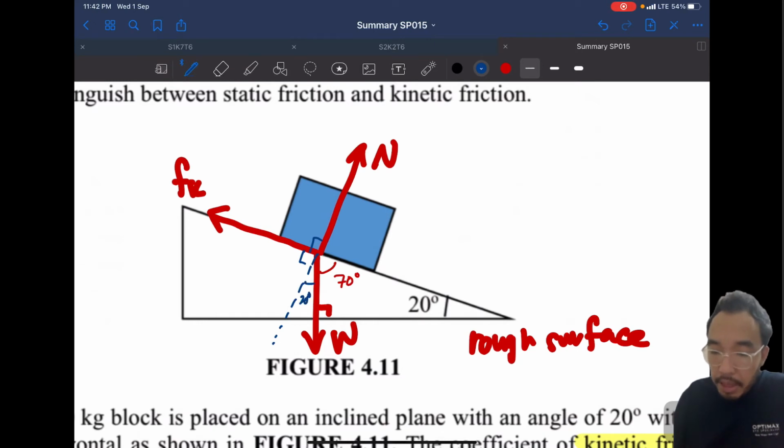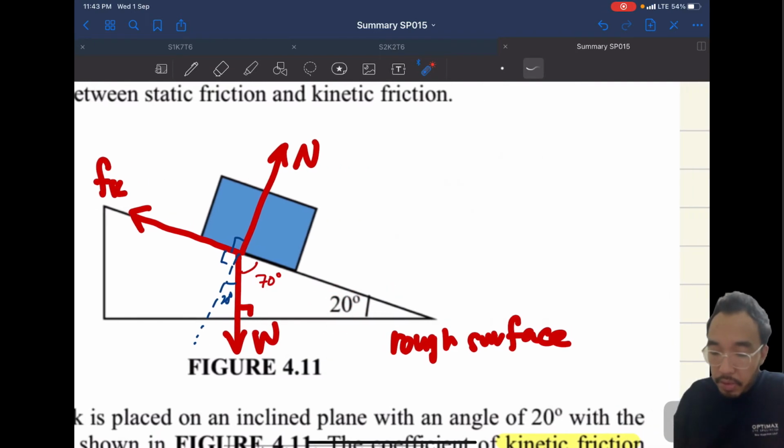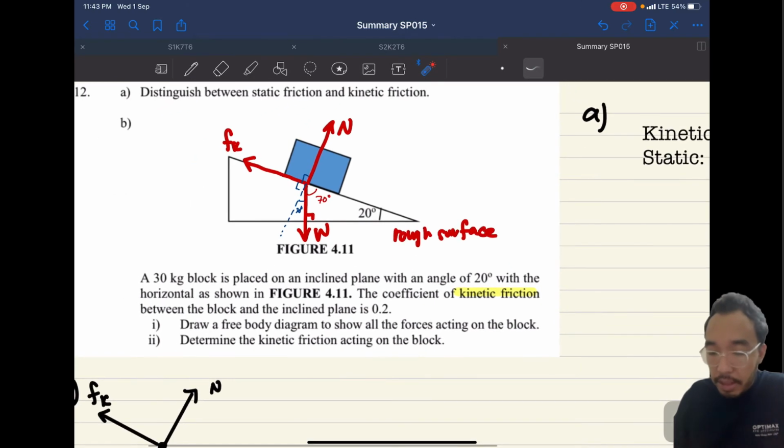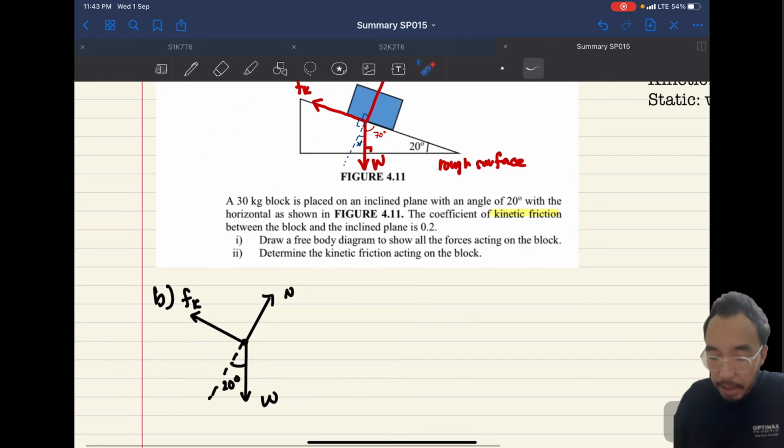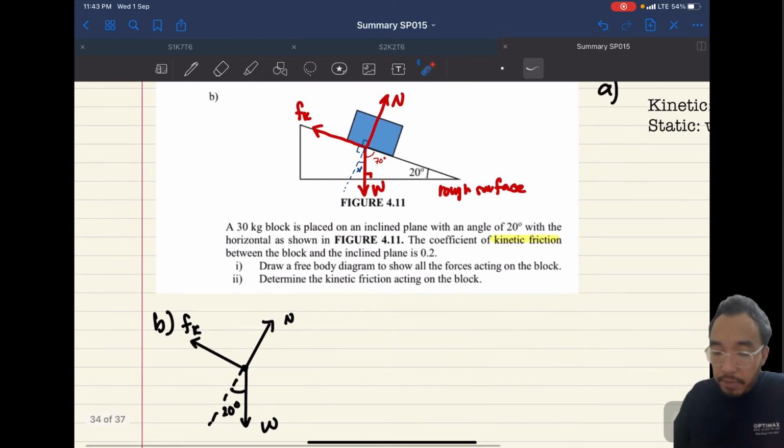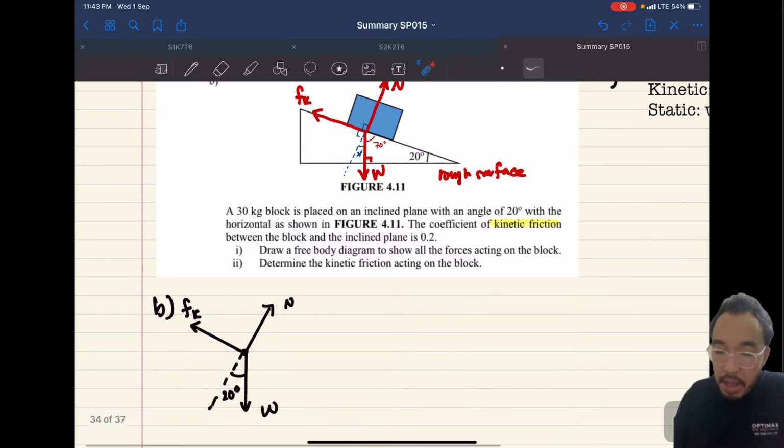So again, this angle will always represent the same angle over there. Remember that. So you don't have to find it every single time. You know straight away. Okay, so draw the free body diagram, double check all the forces are there. Seems okay, so correct. Just leave it like that. Okay, that one is for question 1.